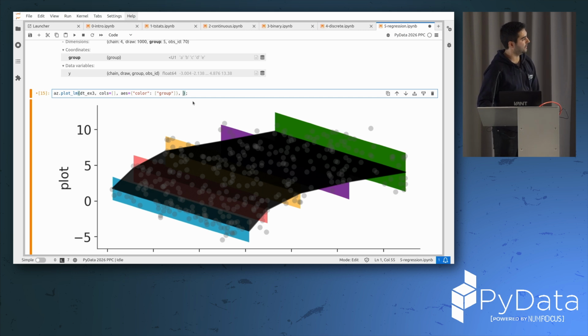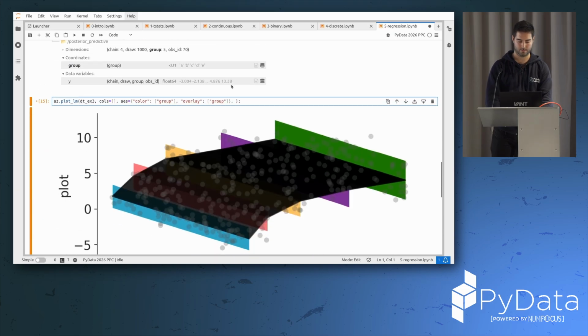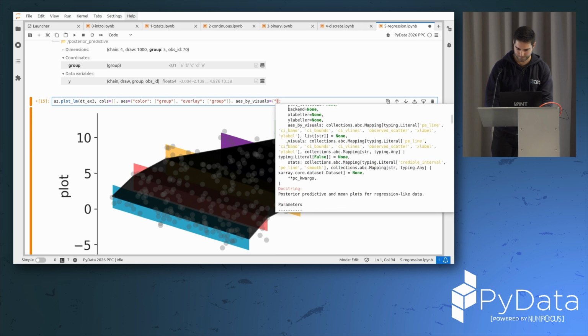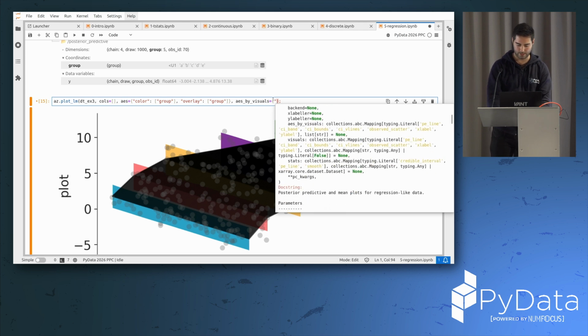And this is probably a very bad setting, but by default, the line is not mapped to the color or to anything. So I'll say that I also want to overlay the line depending on the group, and then as visuals, the p line.